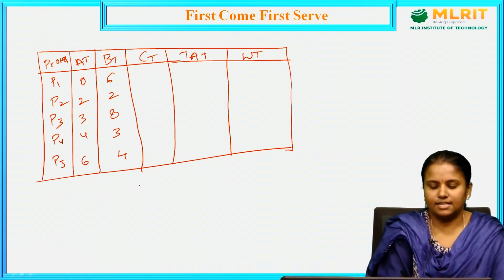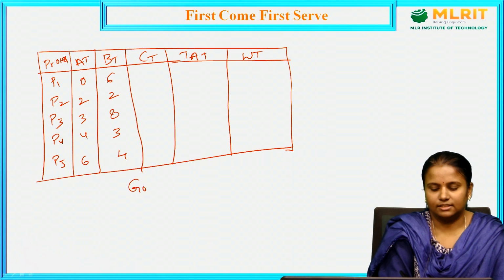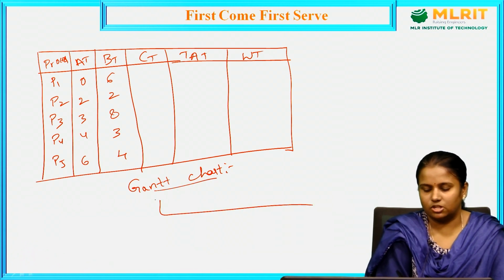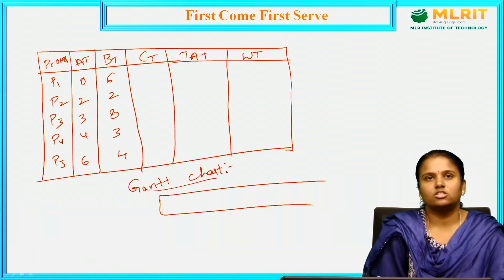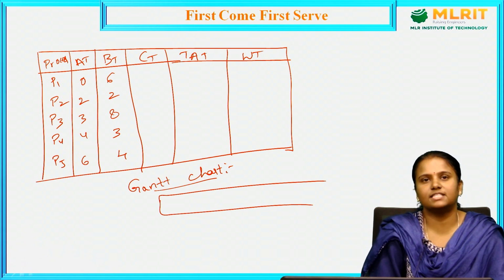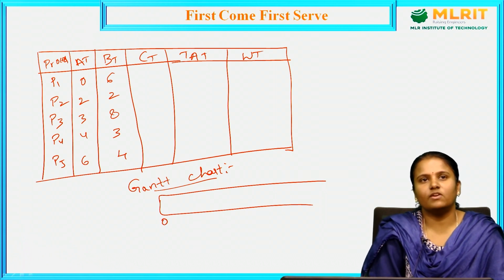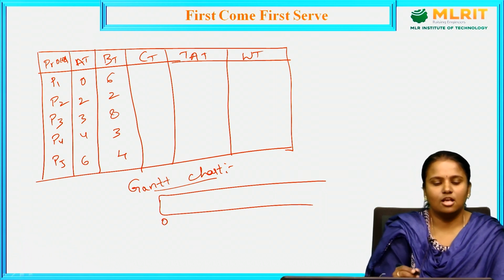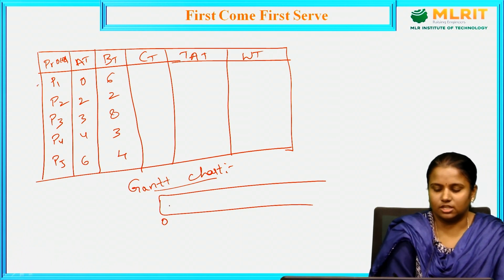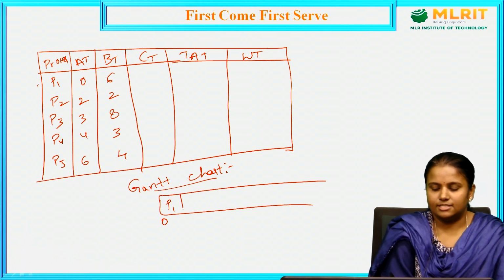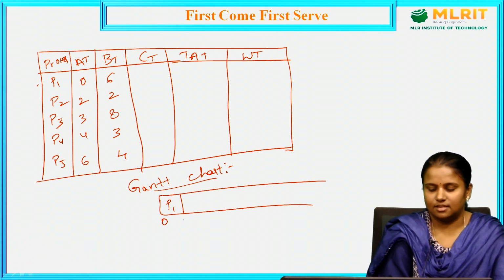So let us start our Gantt chart. A Gantt chart is nothing but the processes under execution shown in order. The arrival time starts with 0. At arrival time 0, P1 is under execution, with burst time 6.